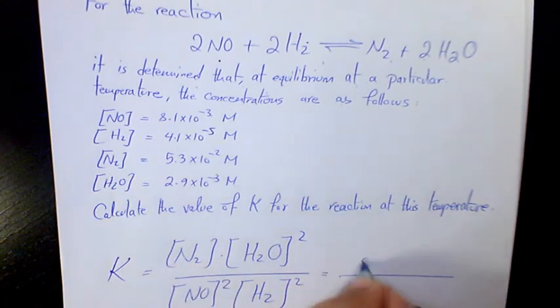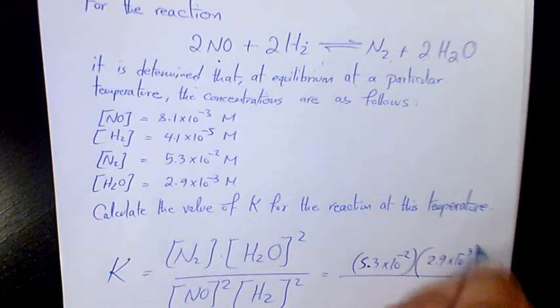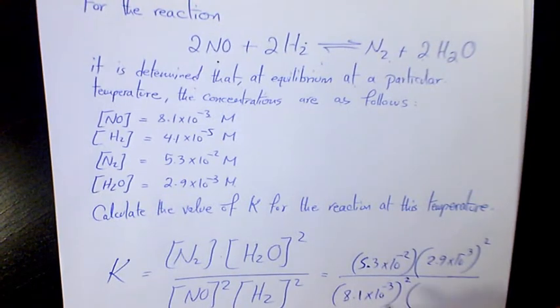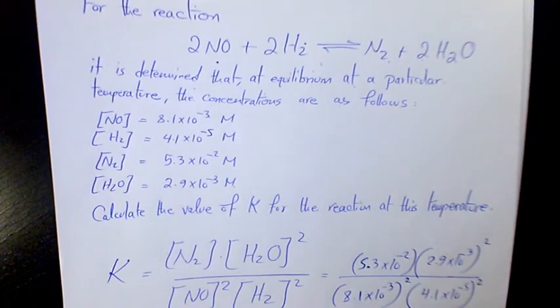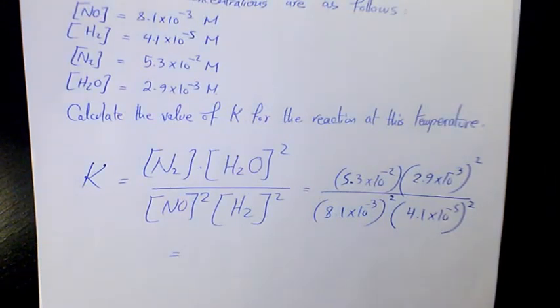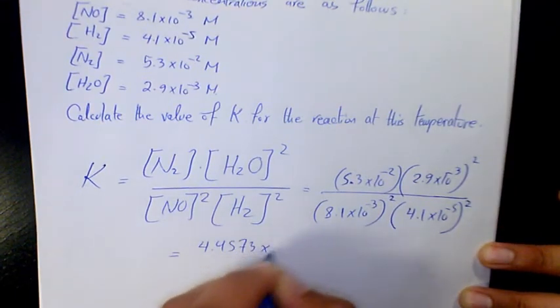So N2 is 5.3 times 10 to the power of negative 2. H2O is 2.9 times 10 to the power of negative 3, to the power of 2. NO is 8.1 times 10 to the power of negative 3, to the power of 2. And H2 is 4.1 times 10 to the power of negative 5, to the power of 2. So that's going to be, numerator is 4.4573 times 10 to the power of negative 7.